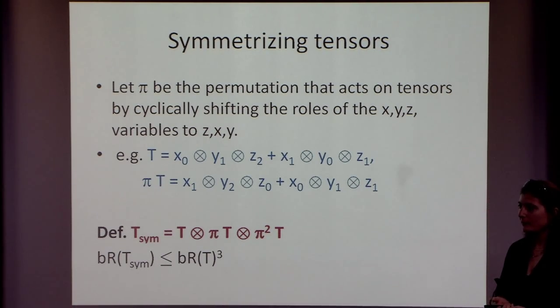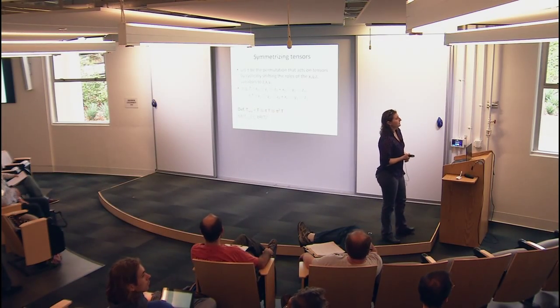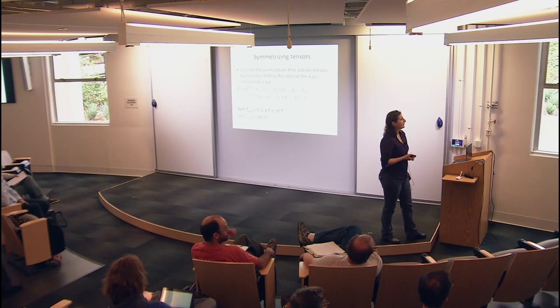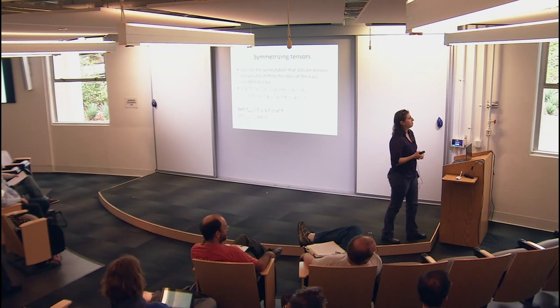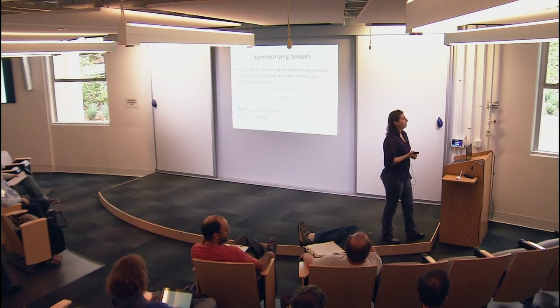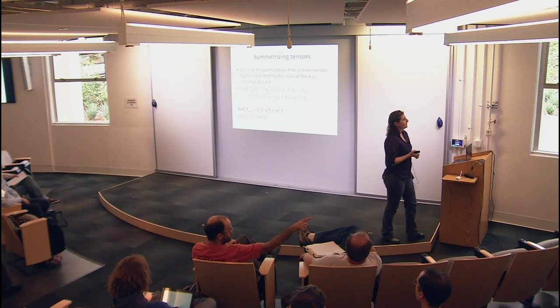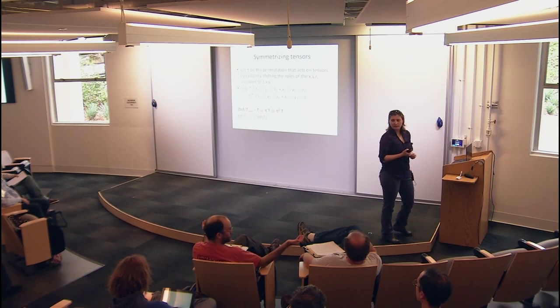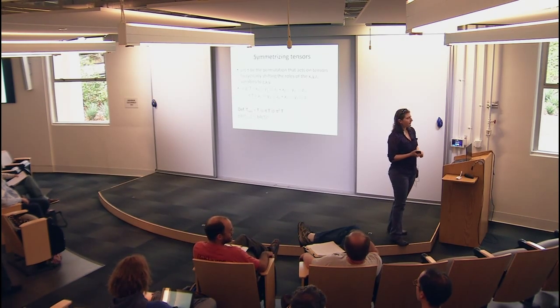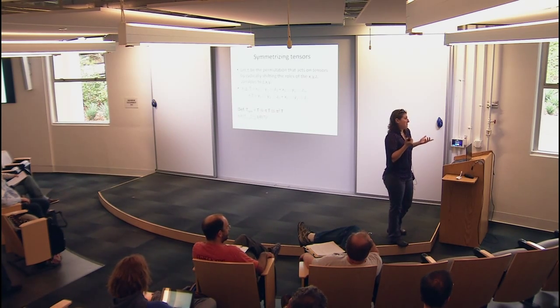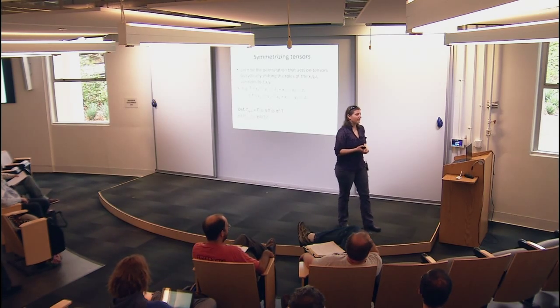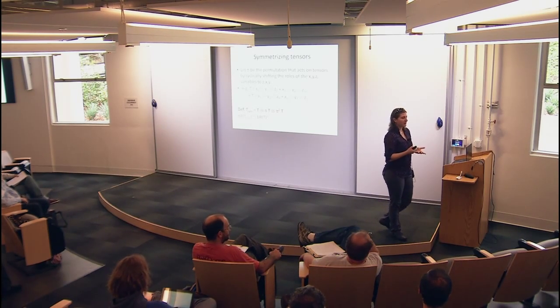Is it possible to have strict inequality? Well, the right-hand side just tells you that if you have an expression for the border rank of a tensor, then cubing that will give you an expression. That doesn't tell you that's the best way. So it can be strict inequality. Could be. We don't know. It doesn't matter for my purposes, because I always have less than or equal to.